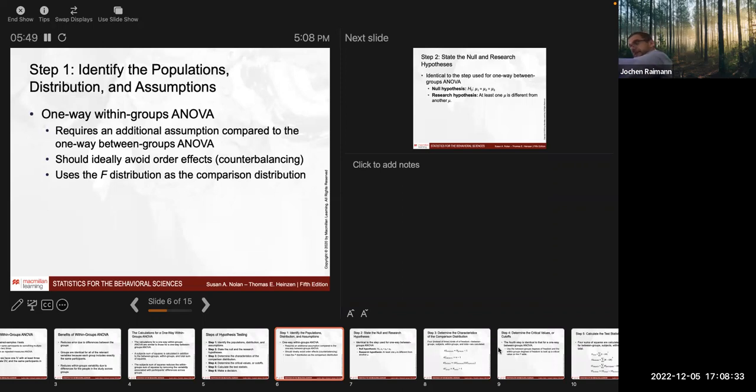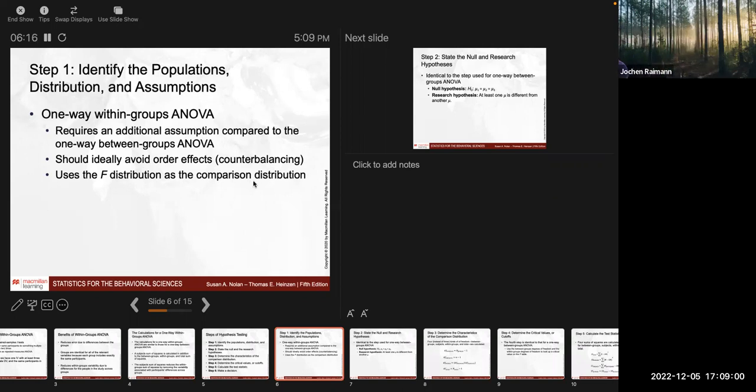So the order effect by beer tasting could be that maybe your judgment of a beer, when you judge the quality of a beer, is different after you tasted a really good beer or a really bad beer. So these are potential order effects, and we will talk about this in a second. And just like with the paired sample t-test, if you think that there will be an order effect, you counteract this by counterbalancing.